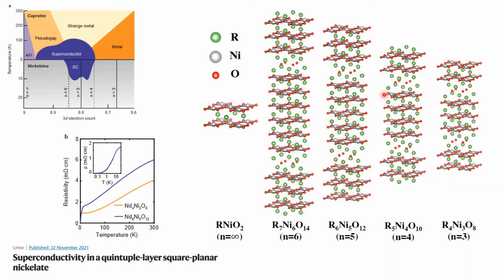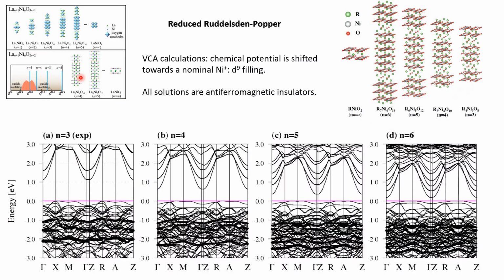This makes these nickel O2 planes somewhat localized in space. Some of these systems have been studied already. The n=3 member with praseodymium as rare earth is a metal, and the n=5 member with neodymium as the rare earth has been found to be a superconductor.